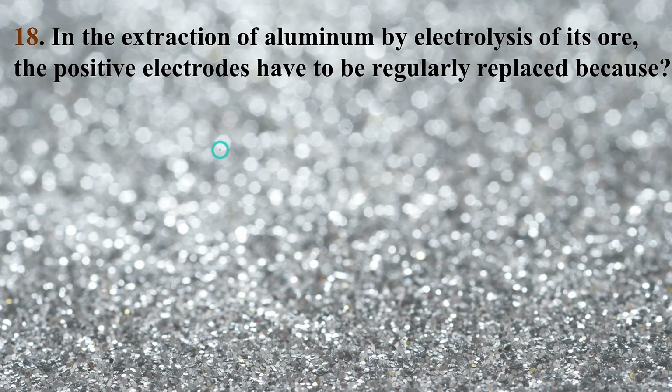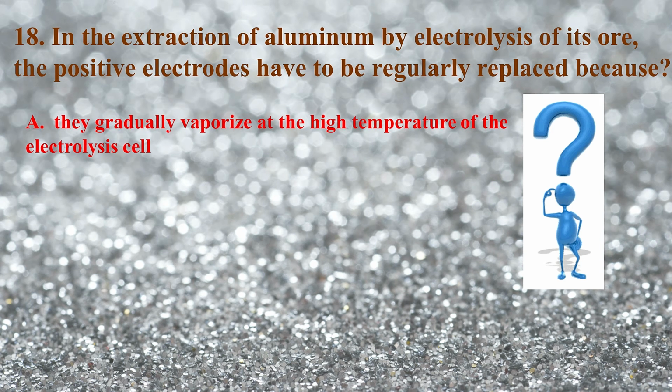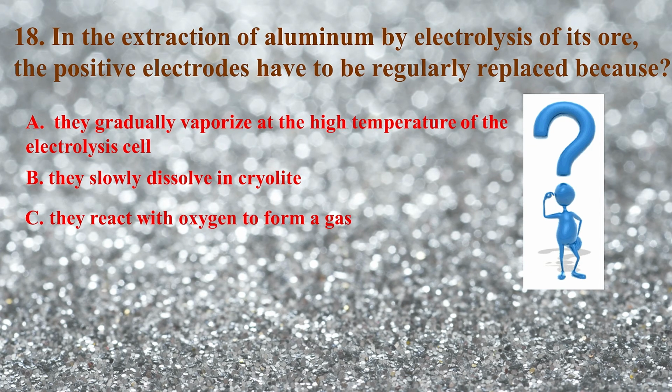Next question is 18. In the extraction of aluminium by electrolysis of its ore, the positive electrodes have to be regularly replaced because, options are A, they gradually vaporize at the high temperature of the electrolysis cell. B, they slowly dissolve in cryolite. C, they react with oxygen to form a gas.